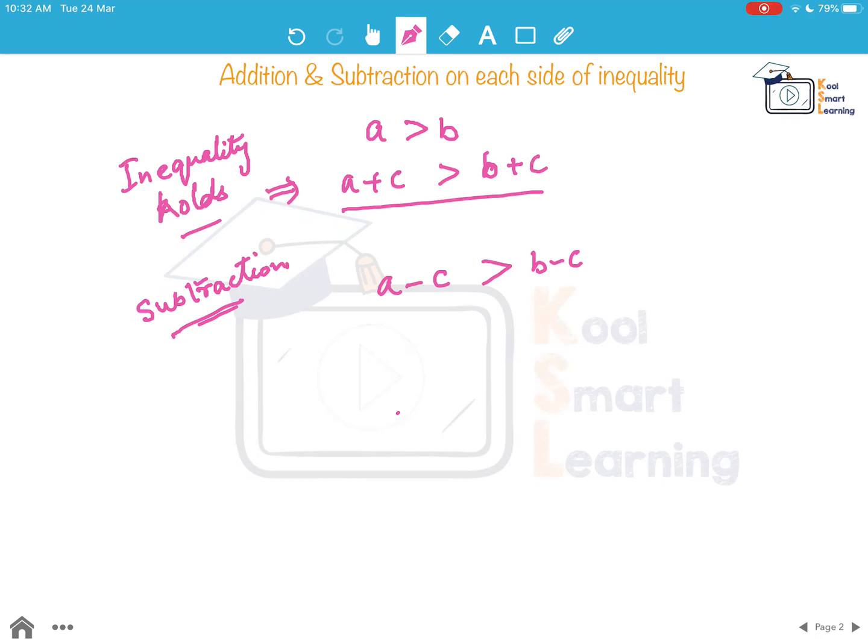So this is one property of the inequality, where addition and subtraction on each side of the inequality will retain the inequality. Inequality holds.